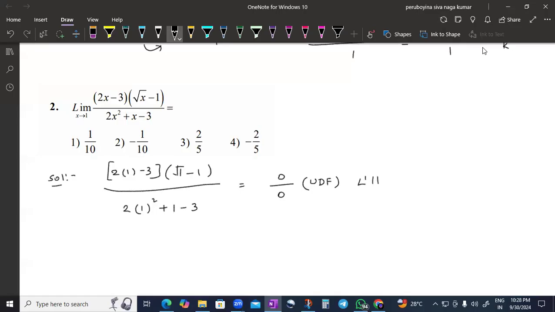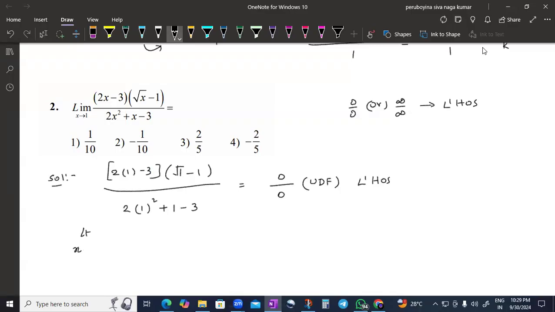So we will apply L'Hospital's rule. Whenever you get 0 by 0 or infinity by infinity, we will approach L'Hospital's rule, not for other undetermined forms. So after getting the undetermined form, we will apply L'Hospital's rule.